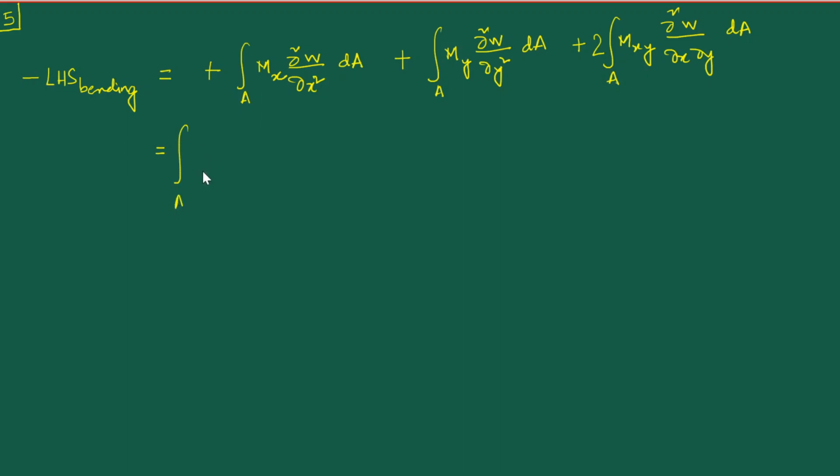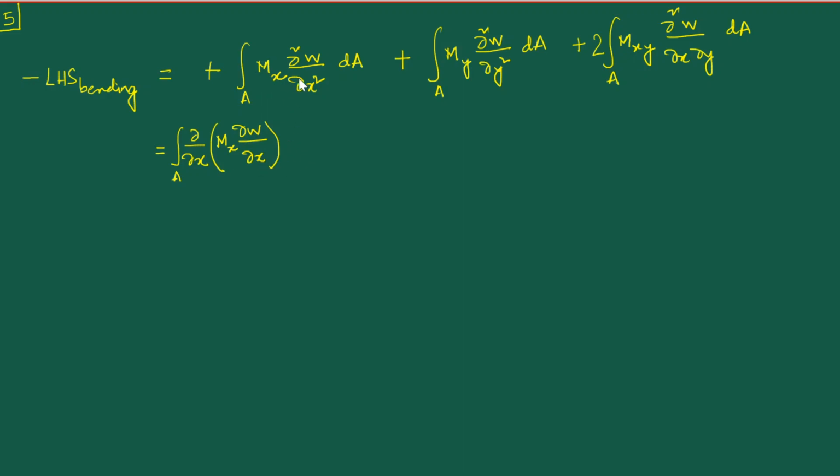I'll try to write it a little bit small so that things can be kept under control within the limited space that I have here. So you see what I just did.